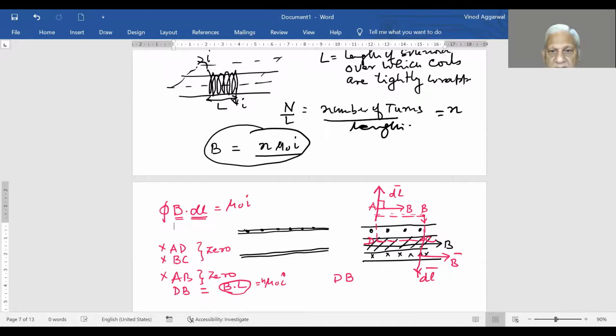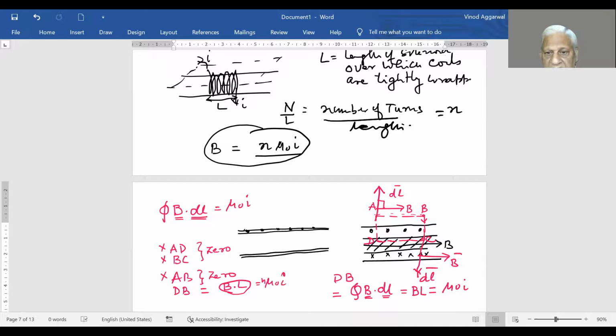And how much is the magnetic field created? If we take the integral of B dot dl, B is constant everywhere, dl sums over to the length. So this becomes B times L. Okay.